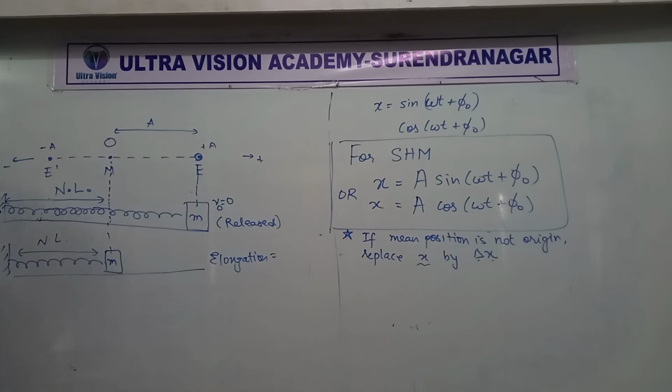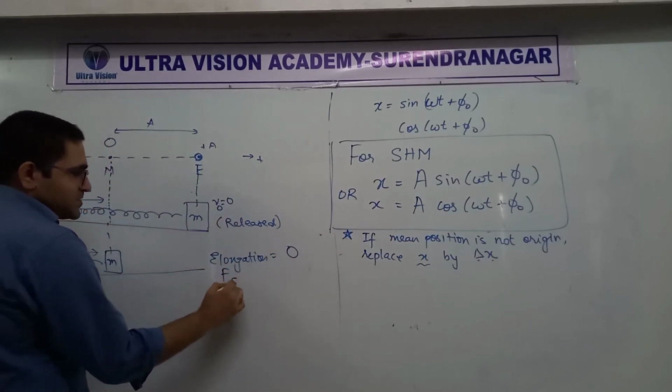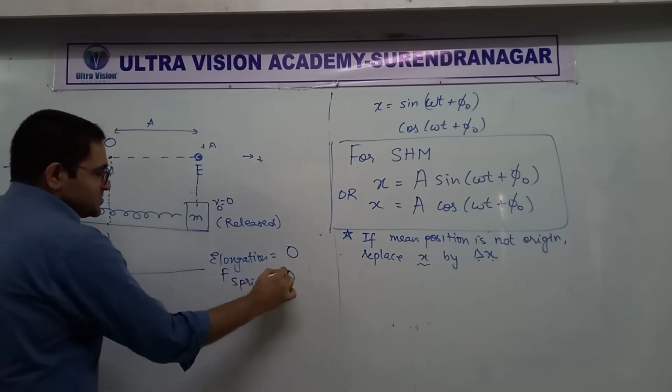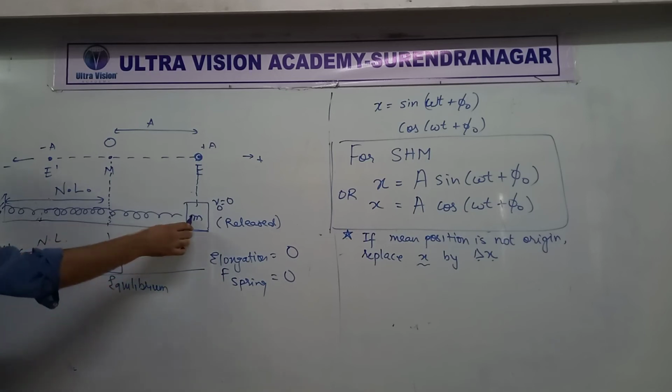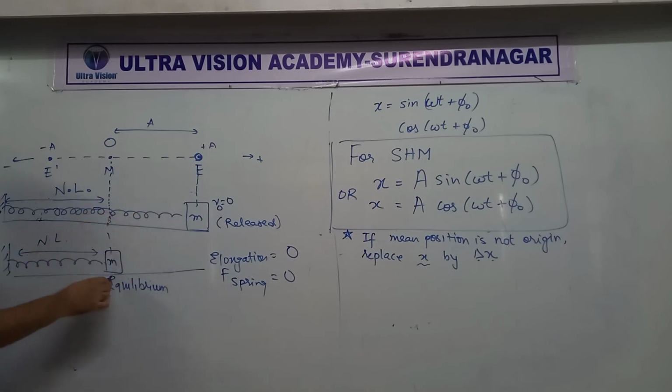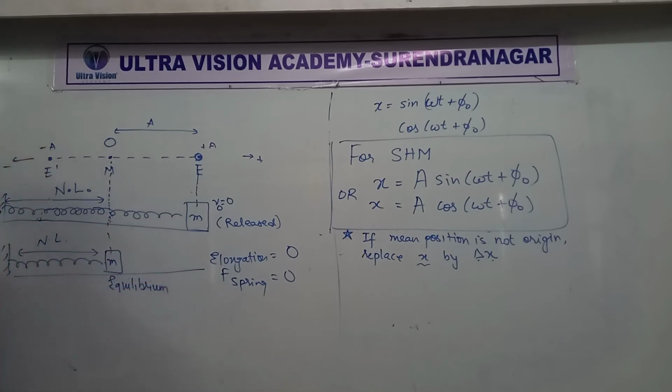If the elongation of the spring is 0, do you realize that the force by the spring is also 0? So this has come to the mean position or the equilibrium position, because there is nothing else applying force. Smooth surface, ideal case, right? So when it comes to this line, the force on it becomes 0, so it is an equilibrium.